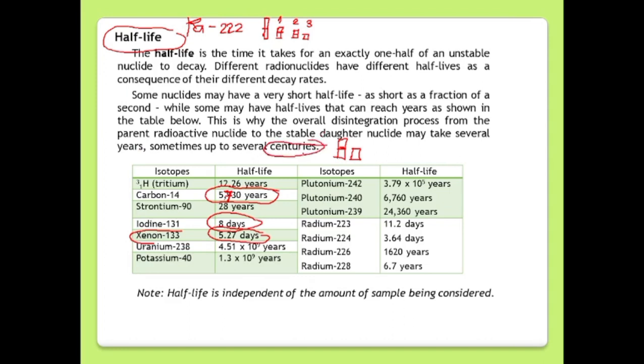So, hundreds of years muna bago magkaroon ng stable nuclide ang isang radioactive element. So, later on sa calculation natin, magagamit natin itong half-life natin sa calculation ng radioactive decay.